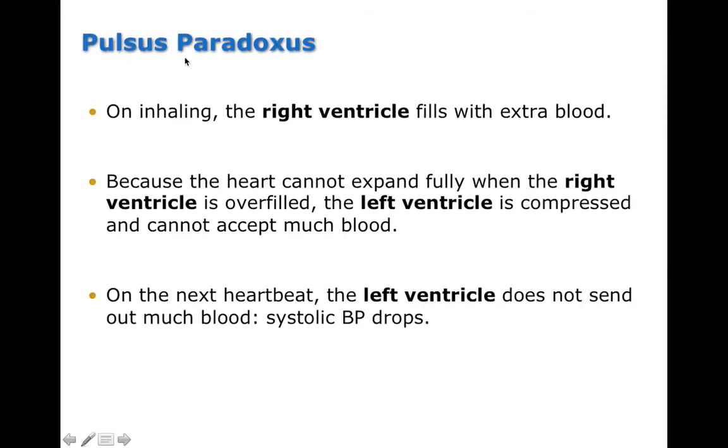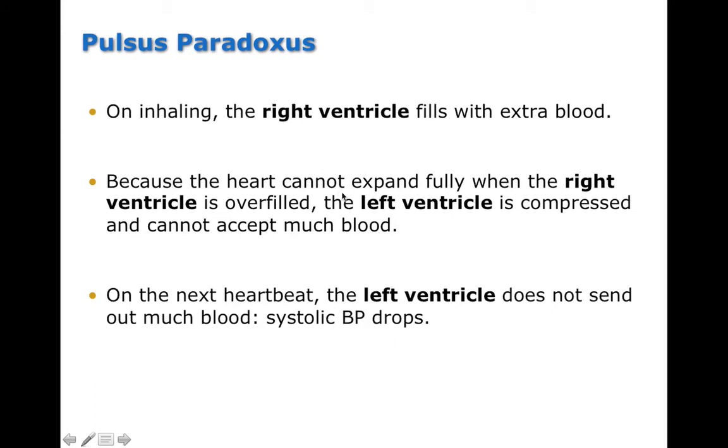So there's another interesting condition called pulsus paradoxus. And it's a fascinating condition where on inhaling, the right ventricle fills with extra blood, and because the heart can't expand fully when the right ventricle is overfilled, the left ventricle is actually compressed and then can't accept as much blood, so that on the next heartbeat, the left ventricle can't send out as much blood, which actually decreases cardiac output and decreases blood pressure.